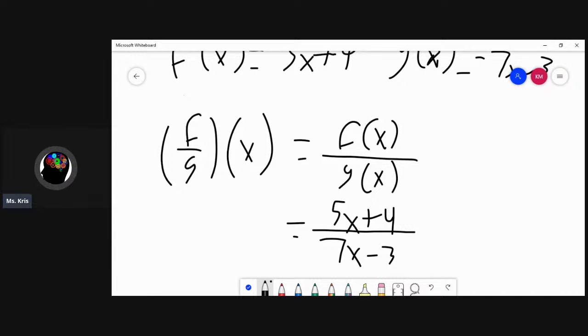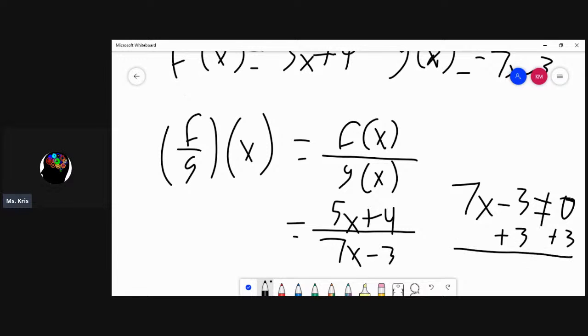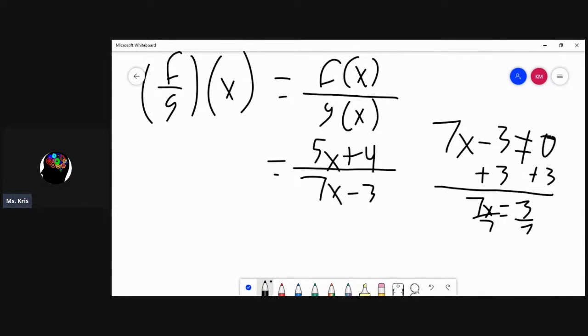So now, when does my graph become undefined? Well, it becomes undefined when 7x minus 3 equals 0. So I add 3 on both sides, and 7x equals 3. Divide 7 on both sides, and x equals 3 over 7.